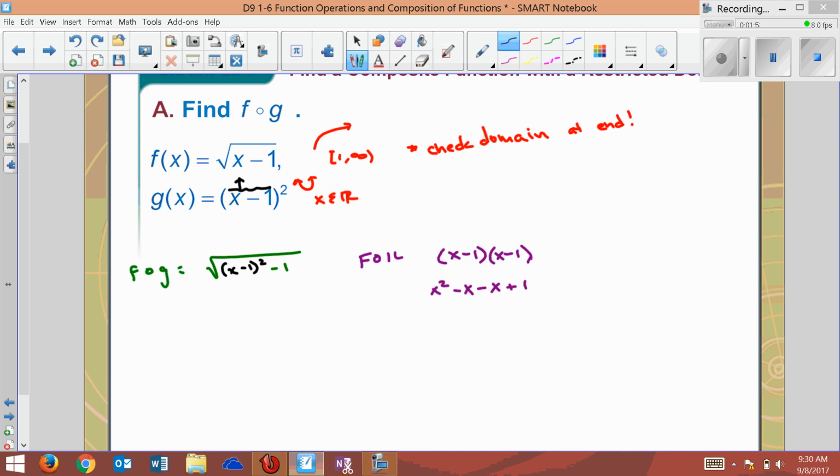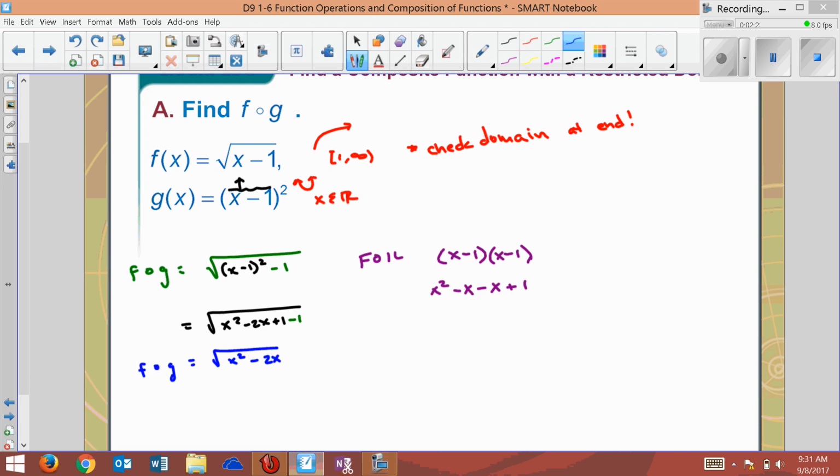When I combine those, I will get x squared minus 2x plus 1. And then, of course, I have the green minus 1 from earlier. And again, when I simplify this one more time, I finally come up with my answer. I have x squared minus 2x. Now that is f of g.